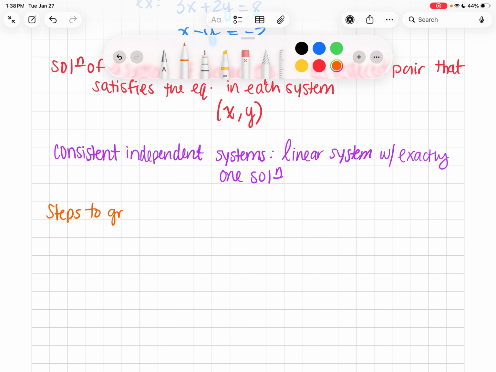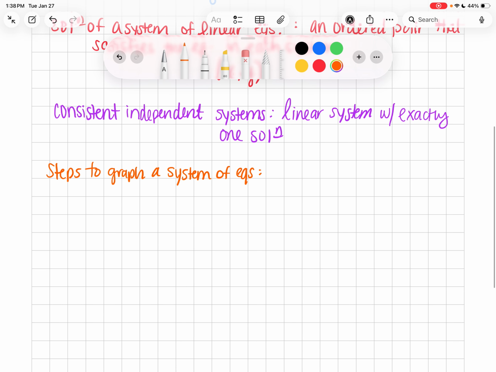Steps to graph a system of equations. First, we're going to graph both equations on the same coordinate plane.